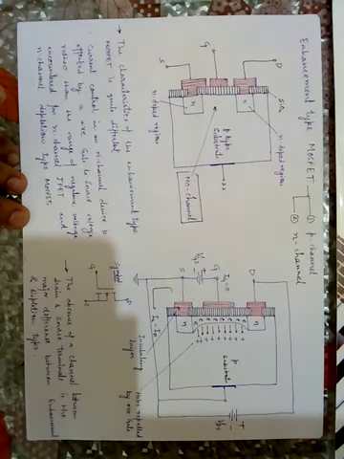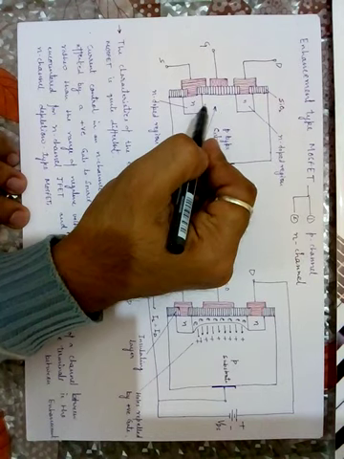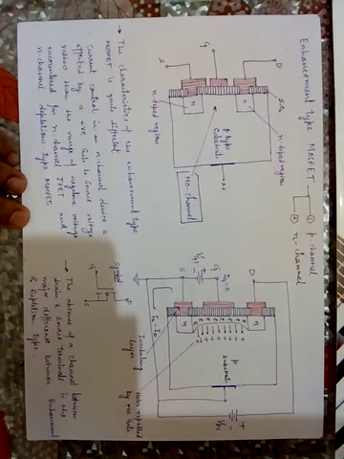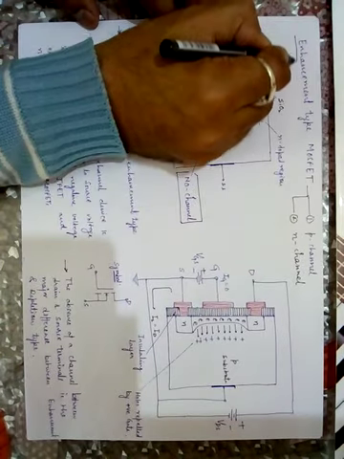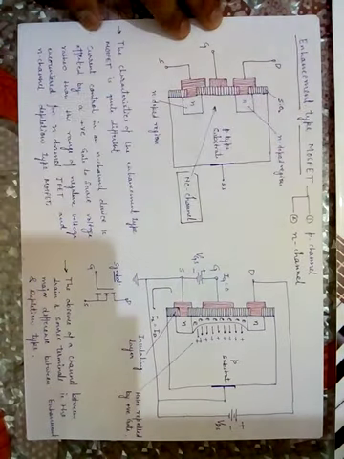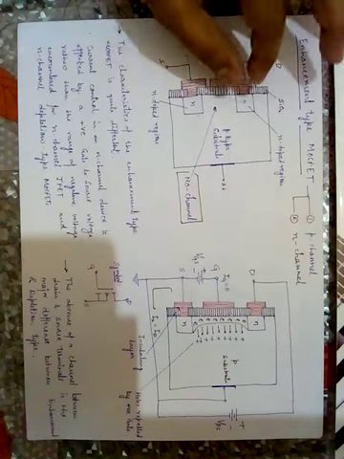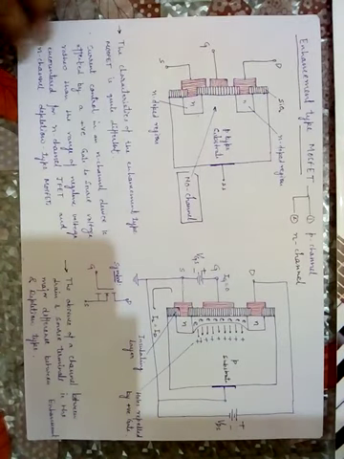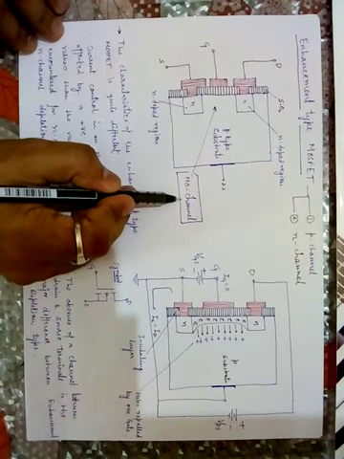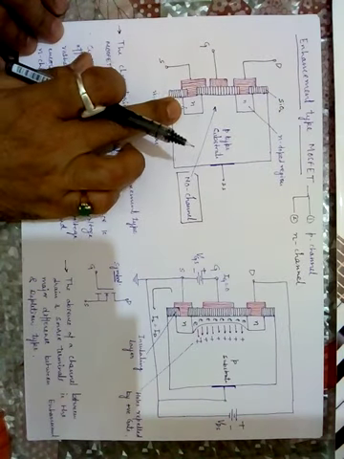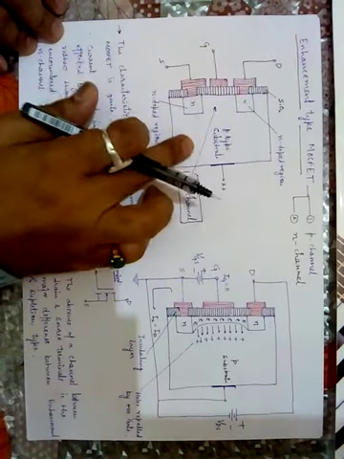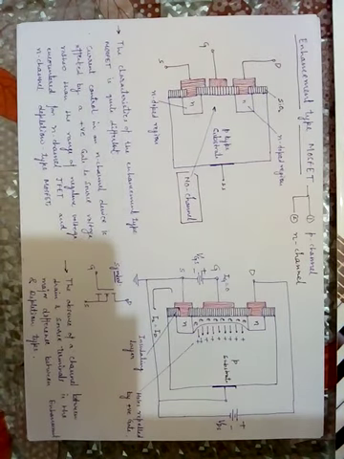In the examination, if you draw this channel, it is completely wrong, you will get 0 marks. In enhancement type MOSFET, there is no channel between drain and source. I have mentioned here, this is no channel. This is a P-type substrate, N-doped region. This is an N-doped region, this is an N-doped region. This is the P substrate. Okay.